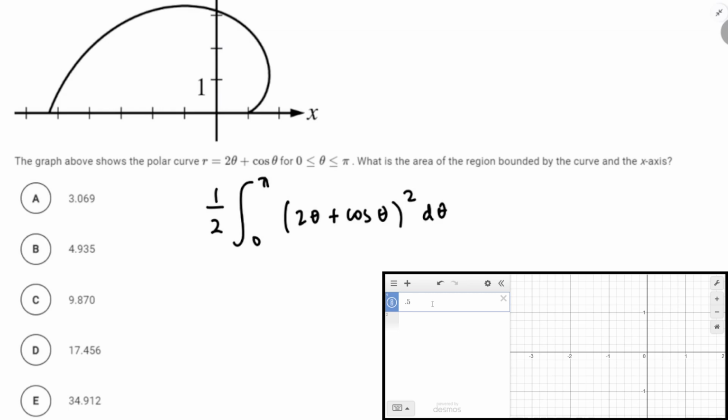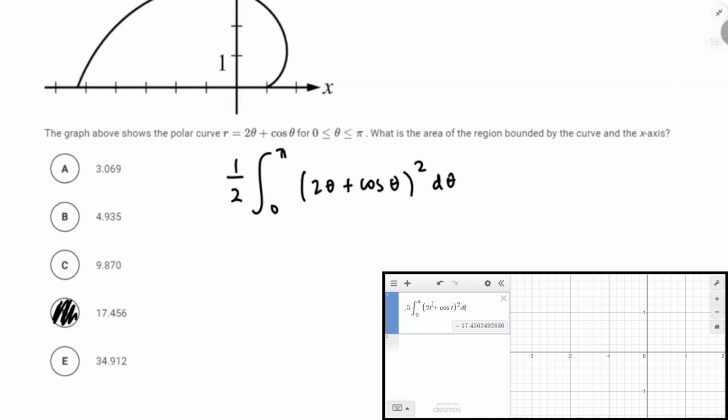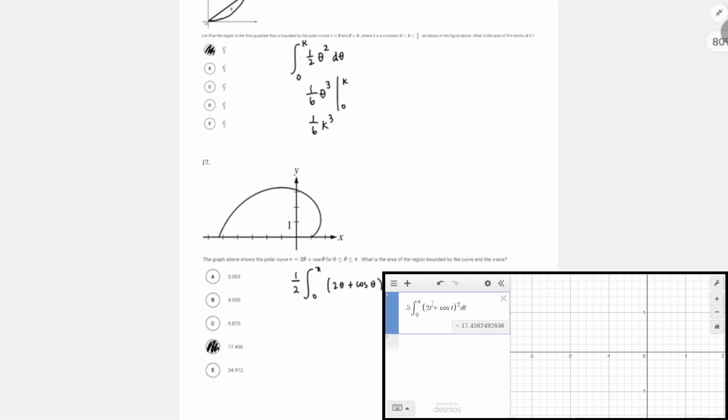Say 1/2 of the integral from 0 to pi of 2 theta plus cosine theta, squared, d theta, 17.456. There it is. All right, so that's going to be all for this video. Thanks for watching.